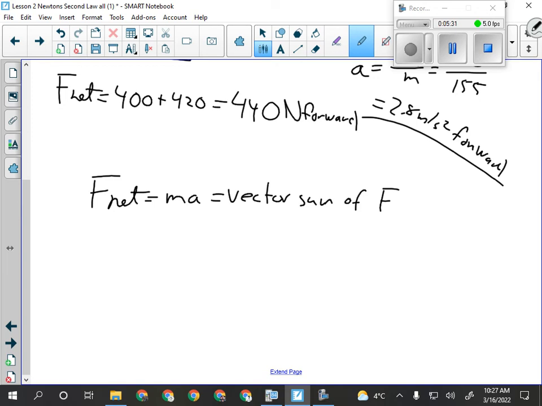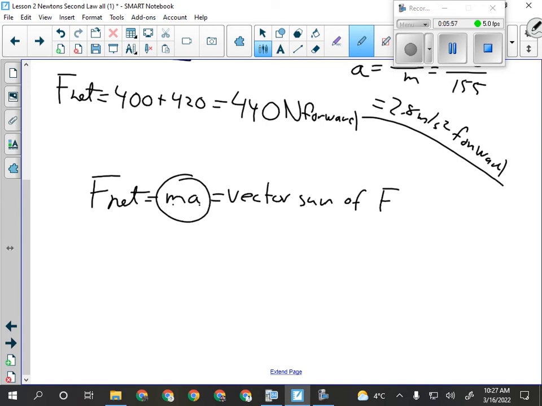So this question could have been set up that way and said, the acceleration of the canoe is 2.8 meters per second squared forward when these 2 people and their canoe are being rowed. The forces of the 2 rowers are 400 and 420. What's the resisting force against the canoe? Then I would have to go, all right, I know a and m, so I'll calculate F net that way. Then I'll subtract the 2 forces I know, and that'll leave me with the force I don't know.